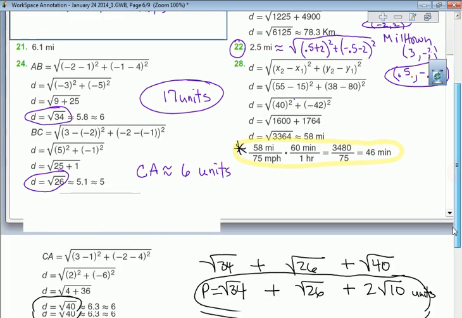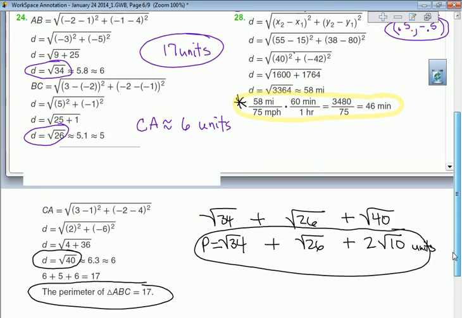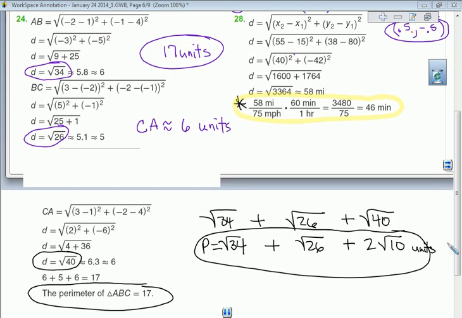Okay, 24. 24 had several parts. You were asked to find the perimeter of this triangle given the 3 vertices. This you probably will see on your test. That's not hard. So you do the distance formula for one of the sides, and you get approximately 6. But the exact answer, which I asked you to give, the exact answer was square root of 34.